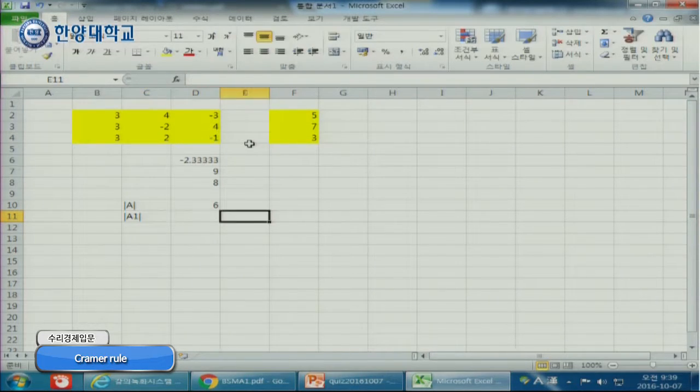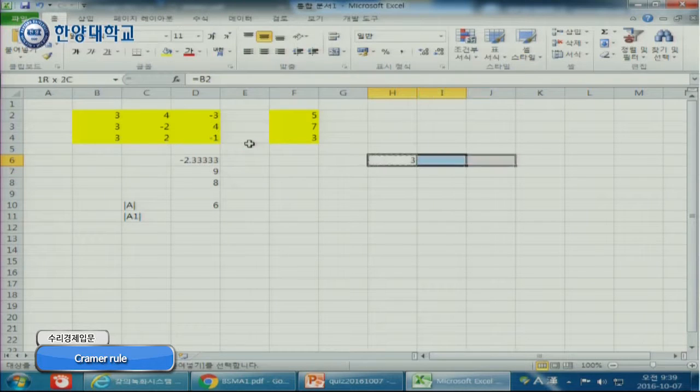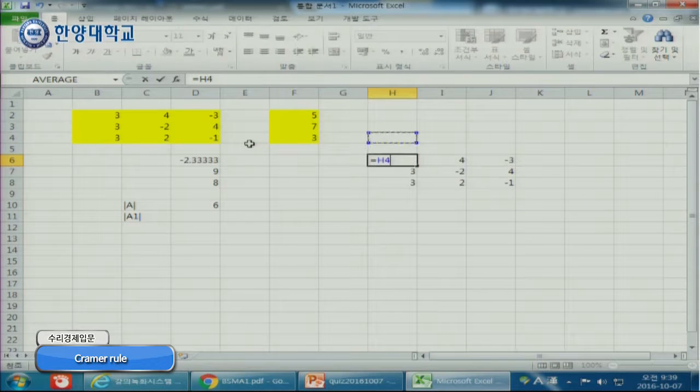Well, for the determinant of A1, we have to define the A1 matrix. For the A1 matrix, we can change the first column. So the A1 matrix is basically 1, 3, 4, the original matrix, and we change the very first column.